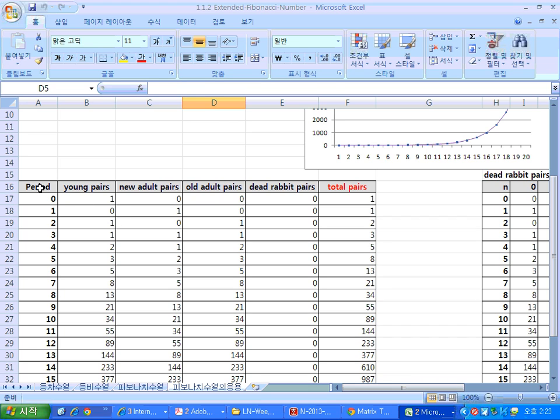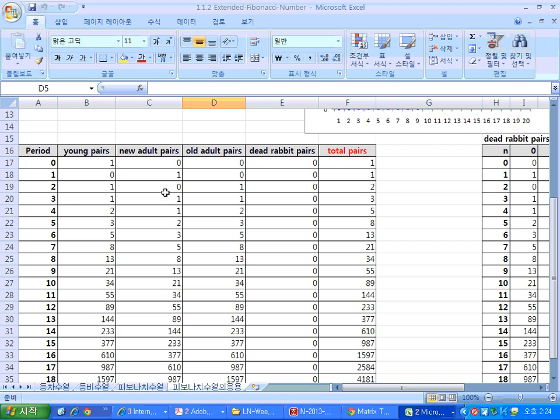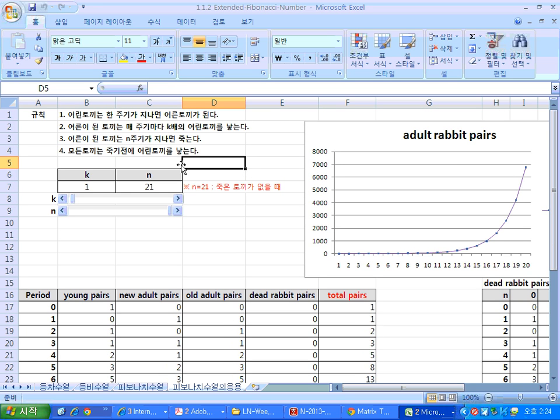Here this shows the period, and this is the number of rabbit pairs, and these are the births from the given pairs. As time goes, they get old, and they will die at a certain point. That's the model. If k is equal to 1 and n is equal to 0, then that's the basic model.